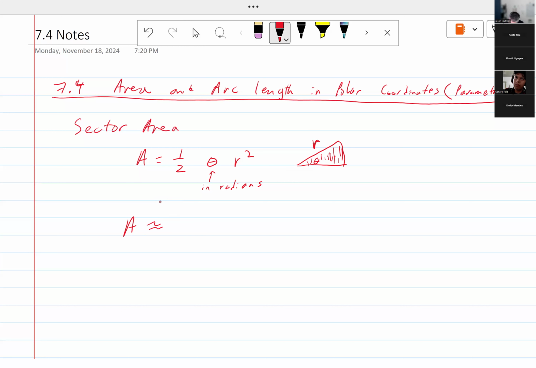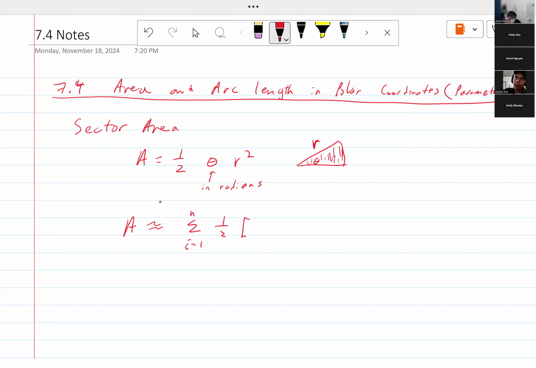It's the sum as i equals 1 to n, and we're going to let n go to infinity and take a limit to get an integral of 1/2 of, we'll call r, the radius here, f of theta.